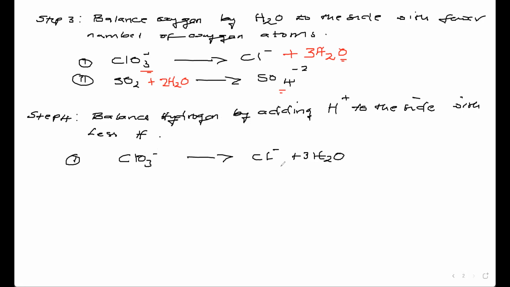In the first reaction, we have 6 hydrogen, which means we need to add 6 H plus. Are we supposed to add 6 H plus? Yes, we need to add 6 H plus because we have 6 hydrogen on the product side.